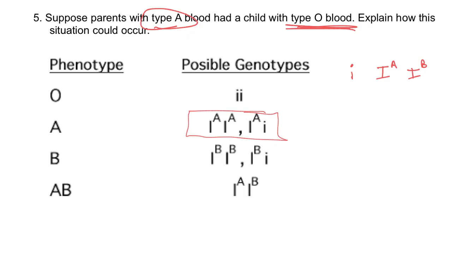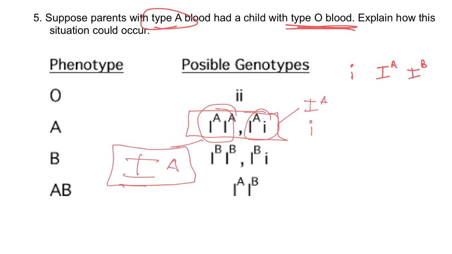But if you know enough about gametes and how sex cells are produced, you know that this genotype can only give this, and this genotype can give two. It can give this, or it can give this to the sex cells. If I have both parents with this, or even one parent with this phenotype or genotype, they can't even give the allele or the gene for O-type blood.